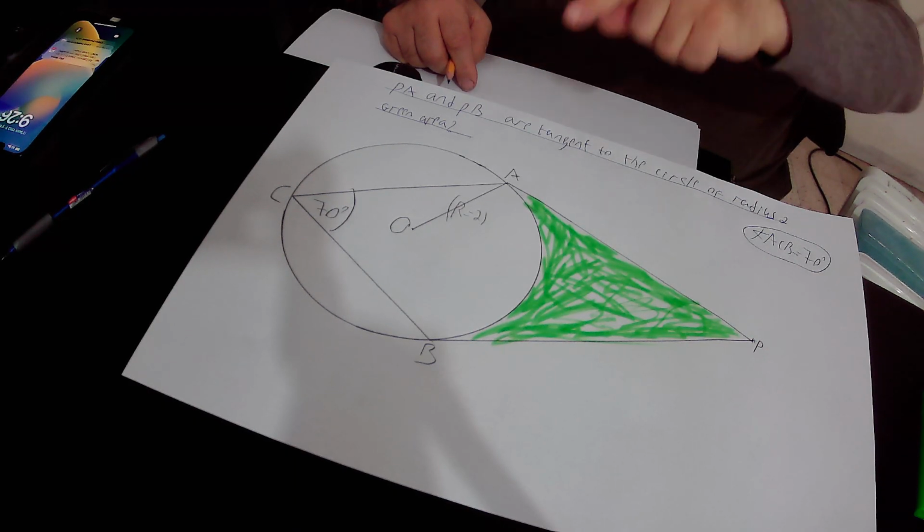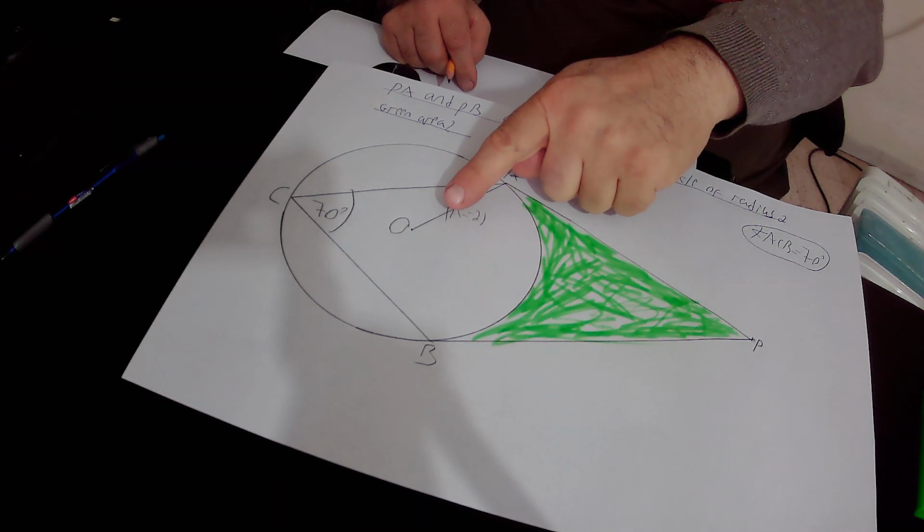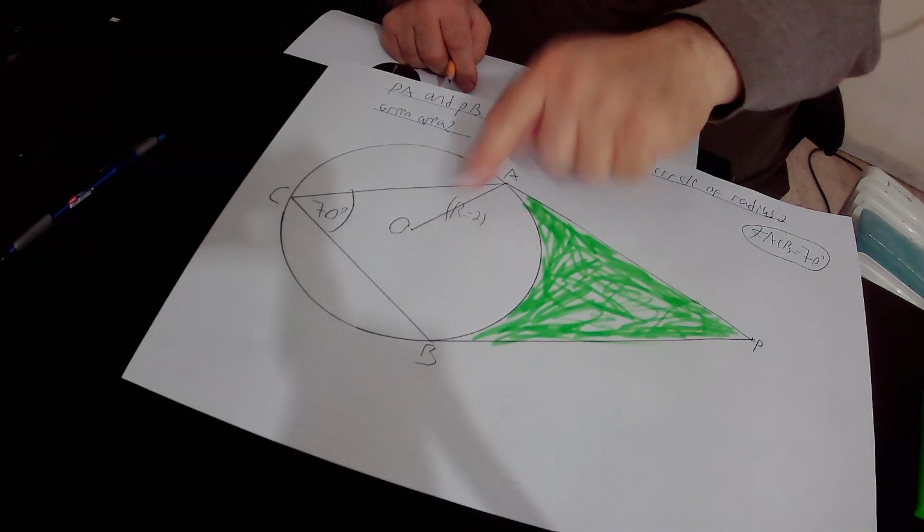So, first of all, we'll join points O and B together by a straight line. Point O is of course the center of the circle.